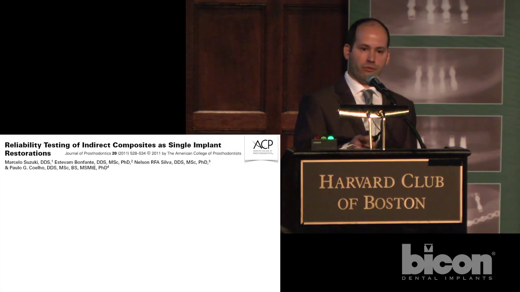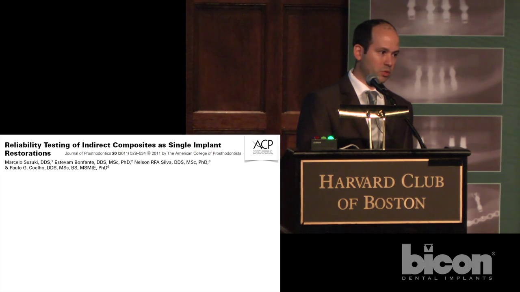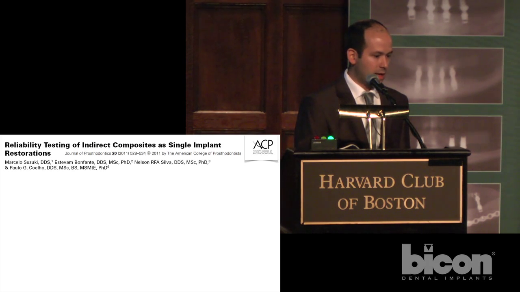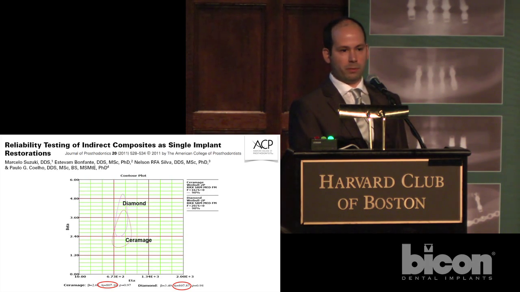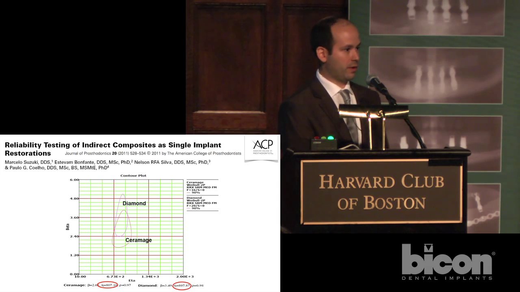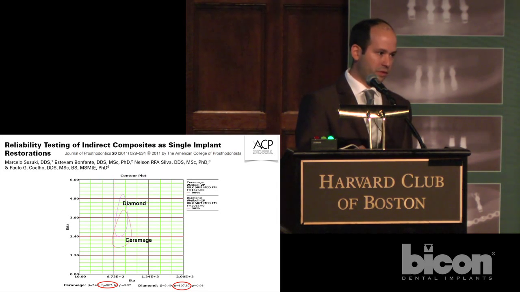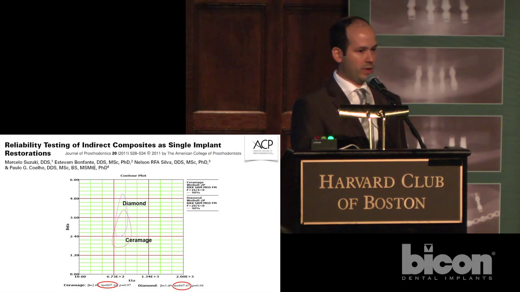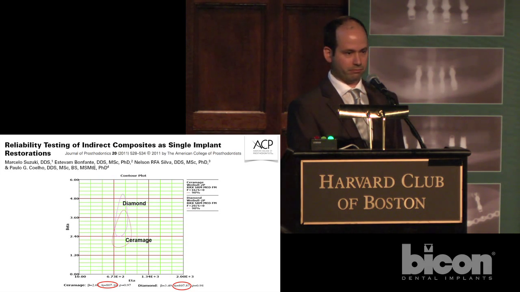So this is the very first fatigue study that was performed by Dr. Suzuki from Tufts University. Back then, he evaluated just two composites that were commonly used, Diamond Crown and Ceramage, and he showed that the fatigue strength for both of them was not significantly different, as you can see from the overlap between the contours, and they averaged 800 newtons.